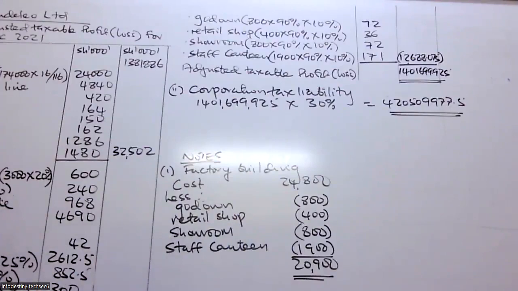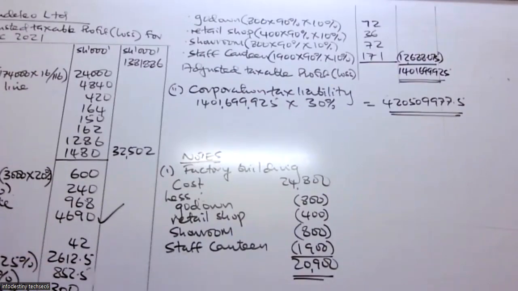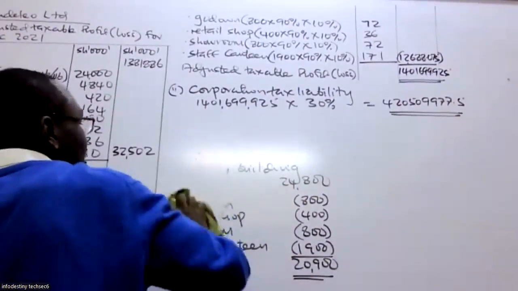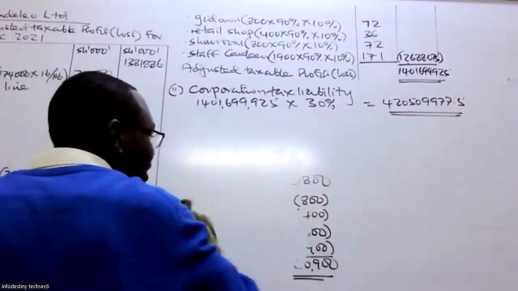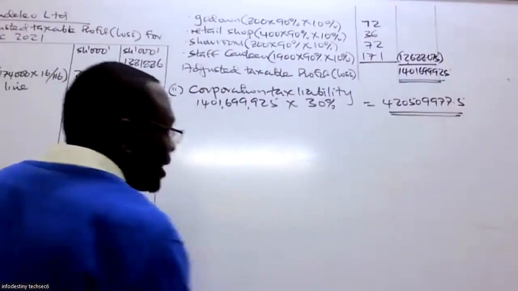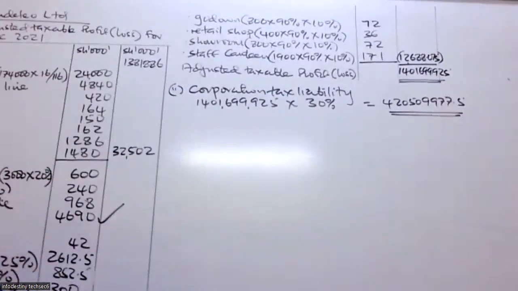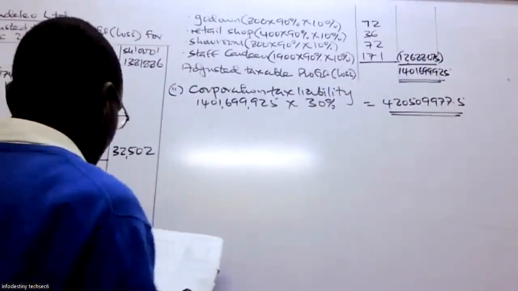So the other tax payable by the company is because they sold a factory extension. This one we deducted here. The proceeds from sale of the factory extension of 4690 are supposed to be subject to capital gains tax. The rate of capital gains tax right now is 15% of the net gain. So how do you get net gain when you dispose of property?